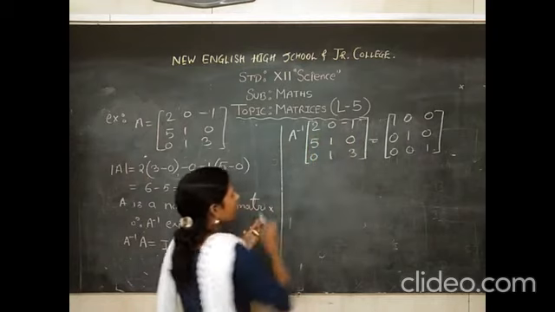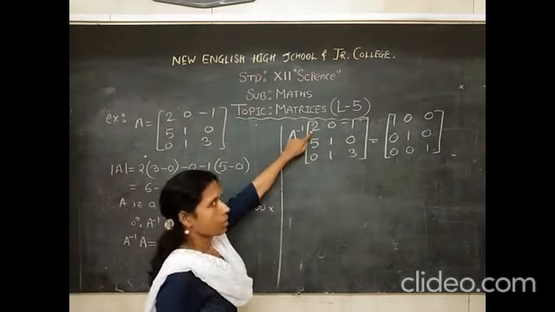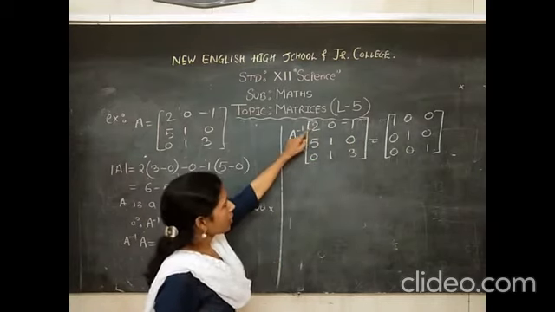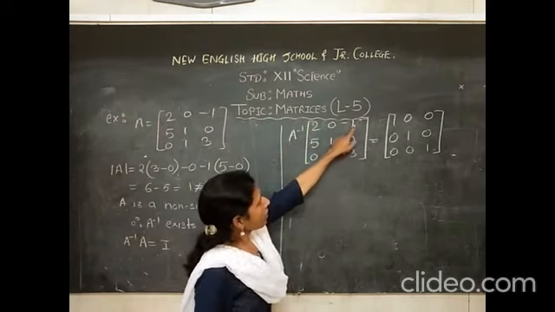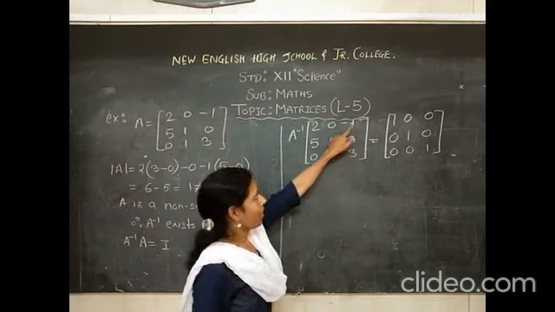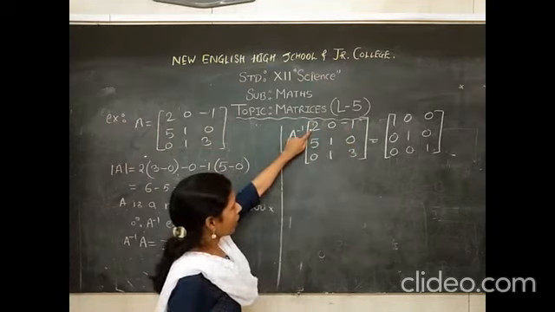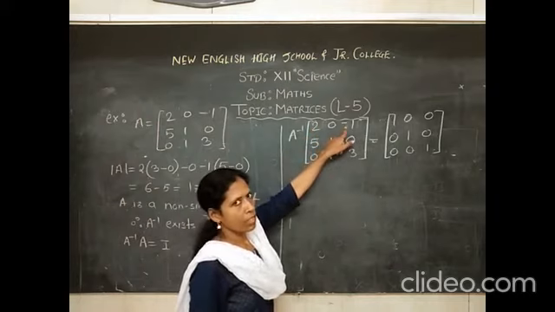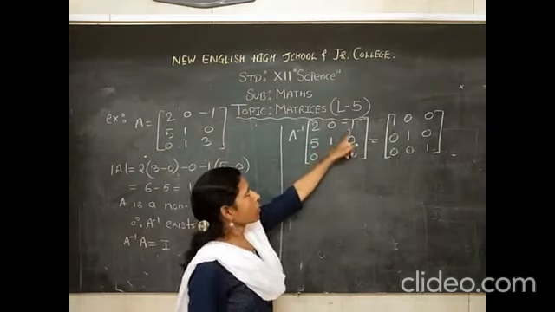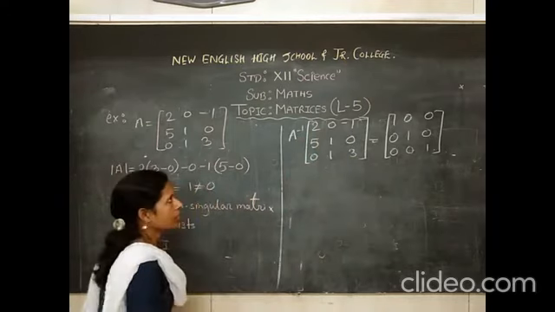Now I want to make it 1 using column transformation. You can see first column, second column, third column. In the third column here it is minus 1. Simply C1 plus C3. If I am doing C1 plus C3, I will get 1 simply.